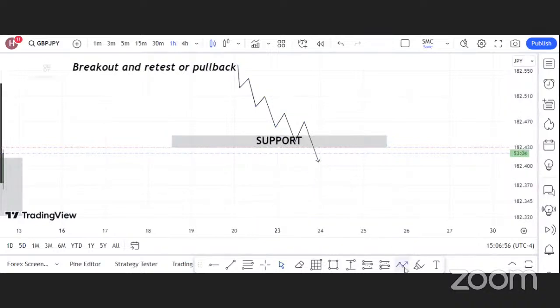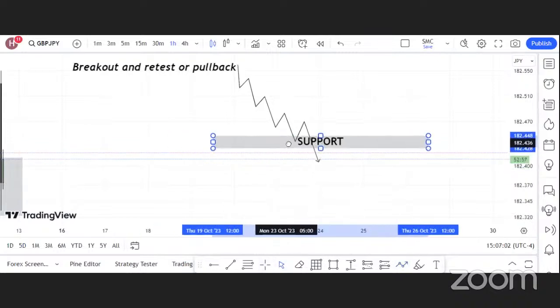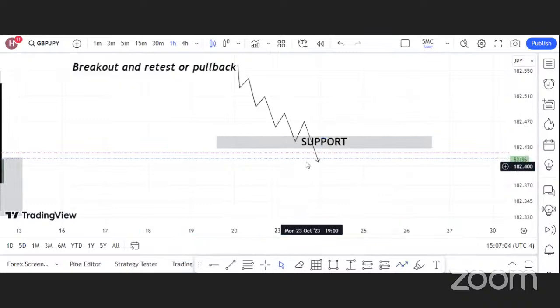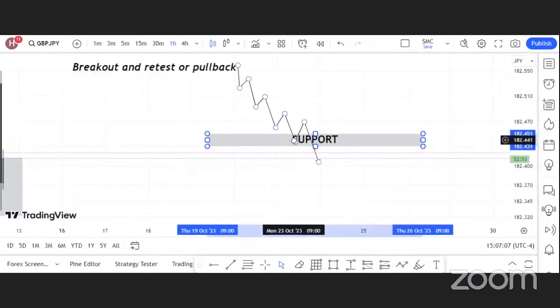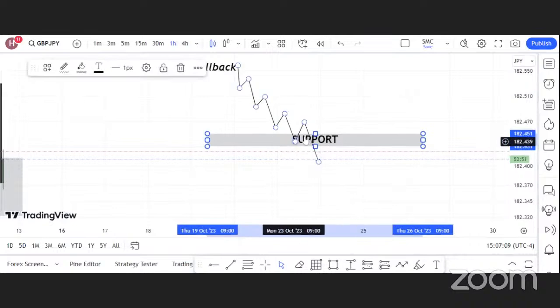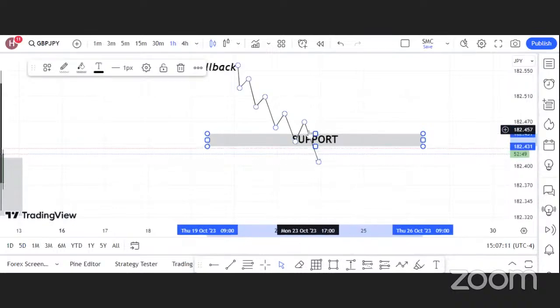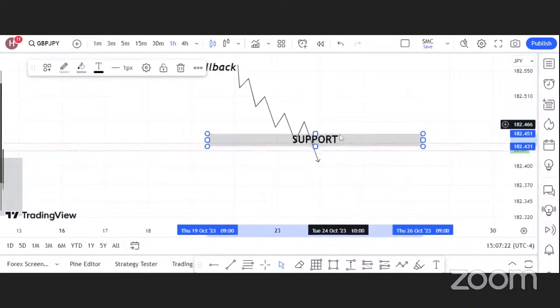Now, guys, I want you to keep something in mind. Anytime we have a breakout of a support, it's not going to be a support anymore because the support is now invalid. A market is supposed to touch the support and then continue in the opposite direction.